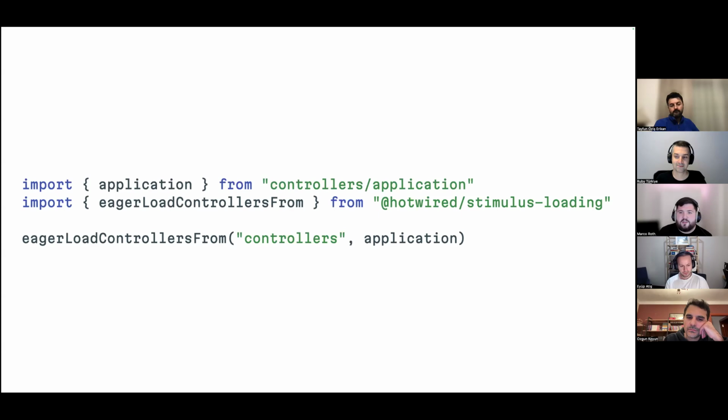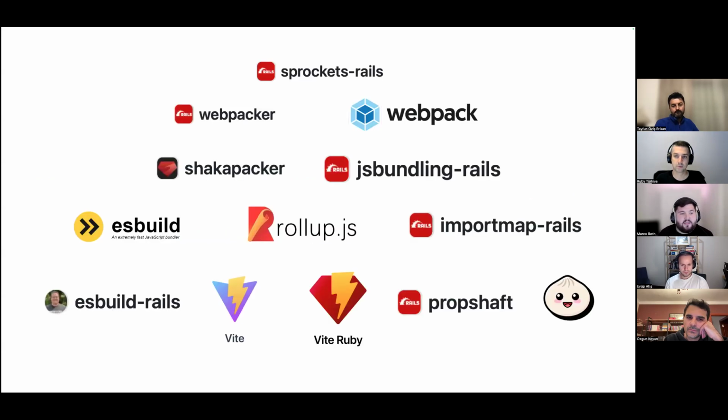And the other problem was the way you are initializing, instantiating all of your applications. So this example here is from the most recent version, how it is by default in Rails today. It uses the import maps, the seamless loading version, and it just eager loads all of these controllers. But if you have been using Rails for a while, and there are some legacy applications too, you might have seen some of these bundlers, some of these approaches of how to build JavaScript.